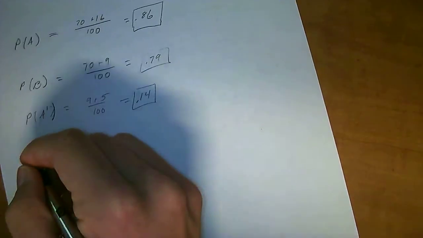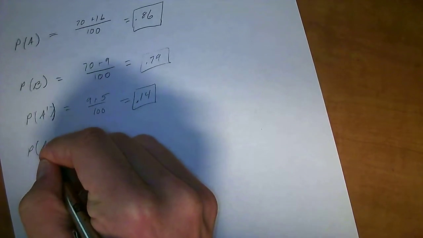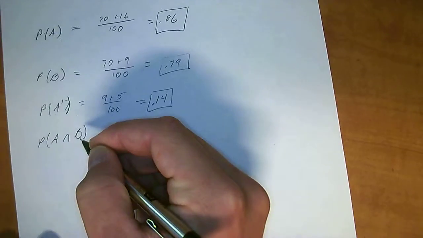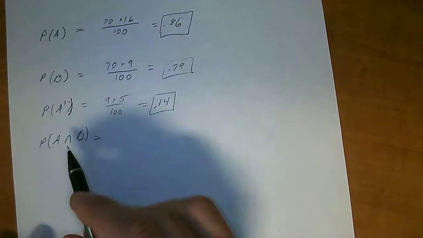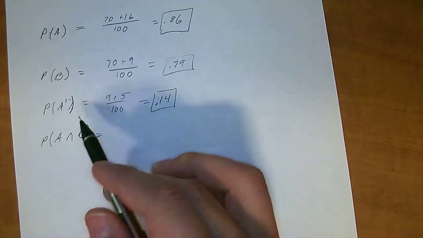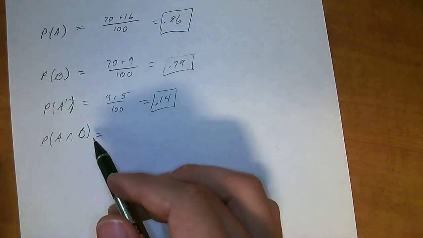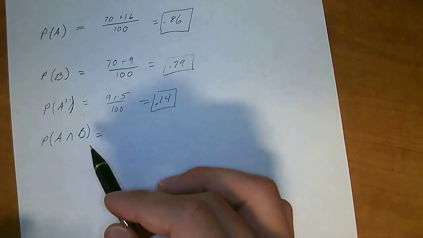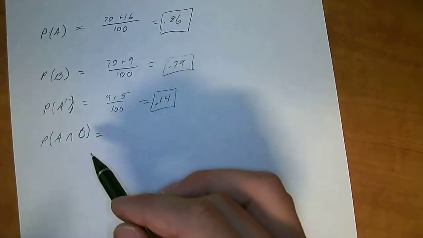So now for the actual unions and intersections. The probability of A intersected with B. Again, using a computer engineering relationship, this would be an AND statement. So what is the probability of A and B? Having a high shock resistance and having a high scratch resistance.